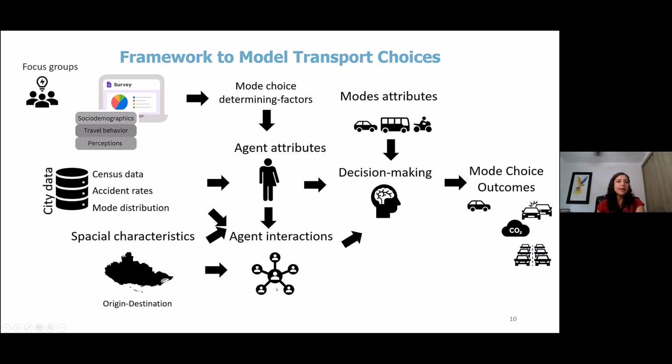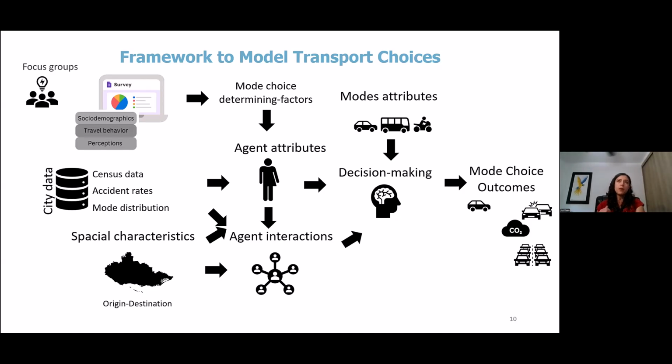And these agents interact with other people, so we also include social networks to connect these individuals in the model, and also needed to define the transport modes that we were analyzing.